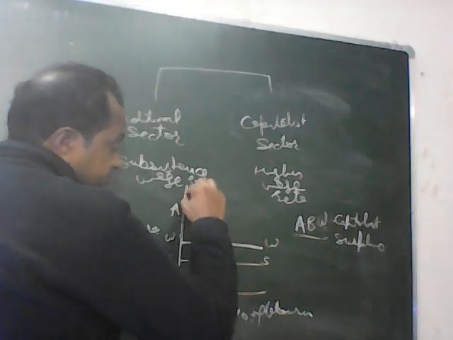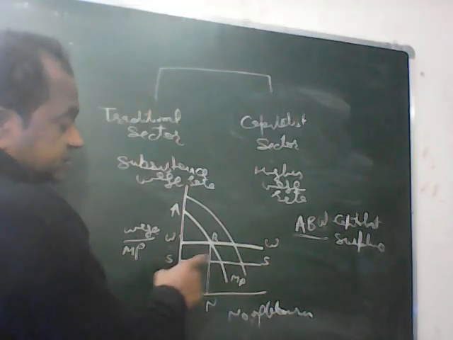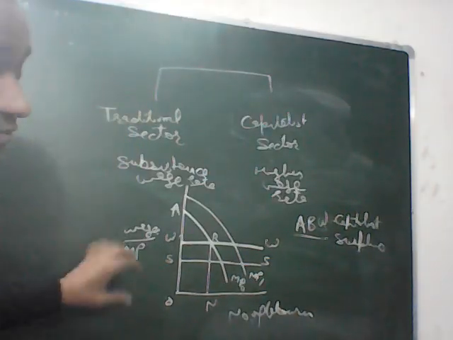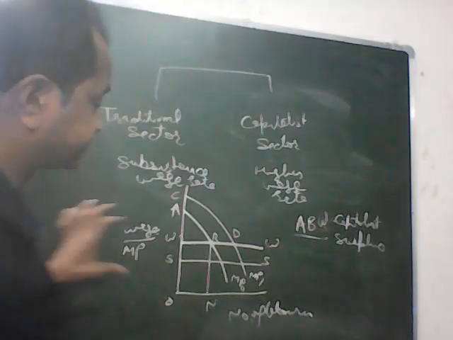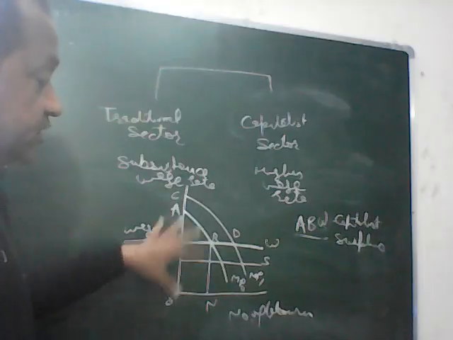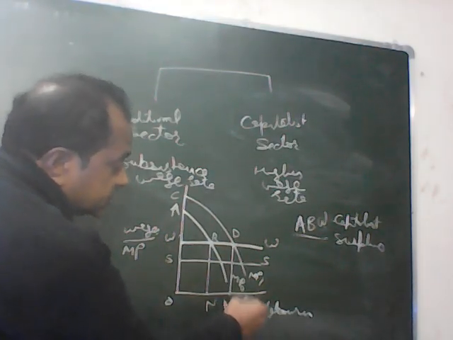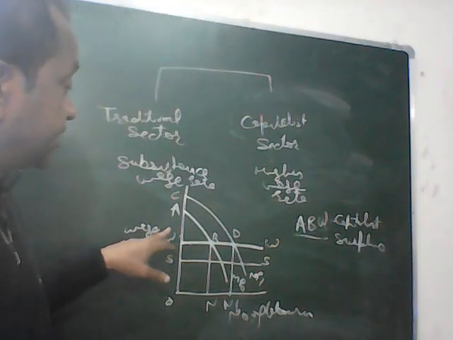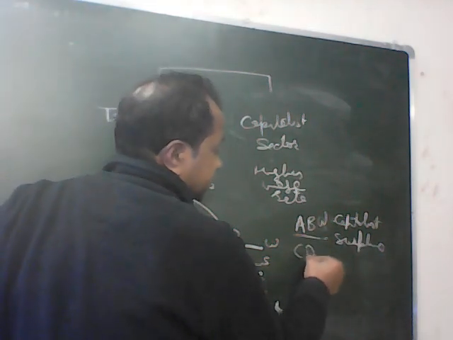And again the marginal productivity, which is MP0, becomes MP1, and OCD is called the total production, where N1 more laborers are employed and they are generating CDW as capitalist surplus again.